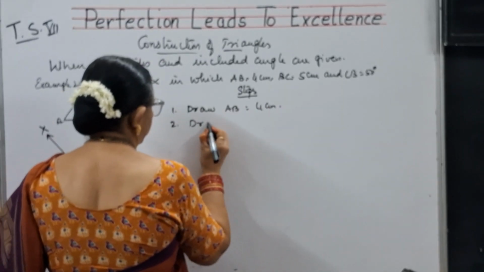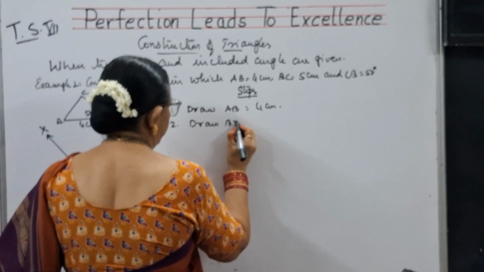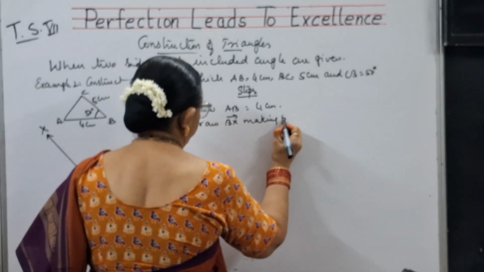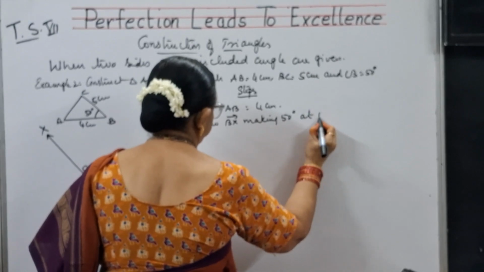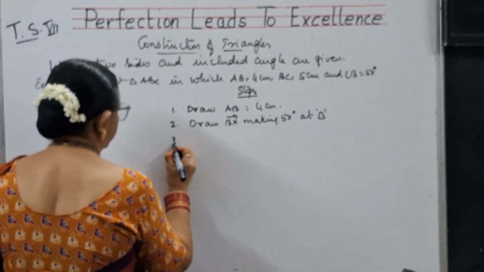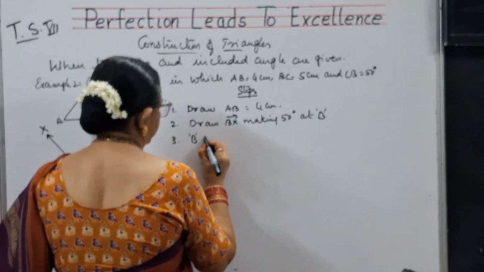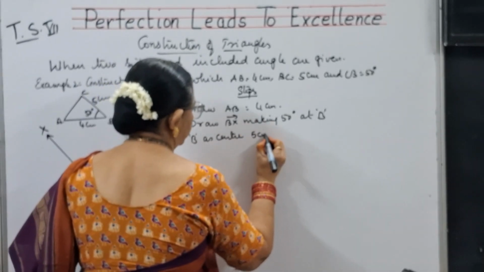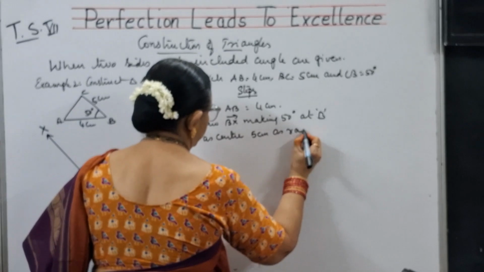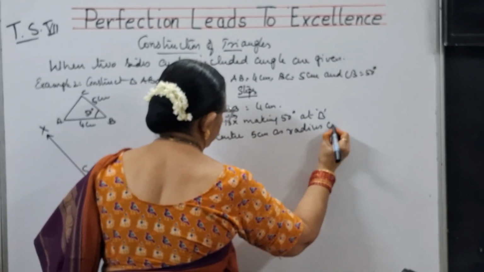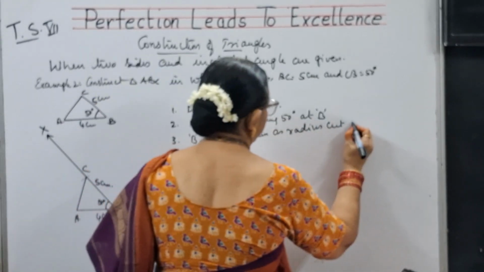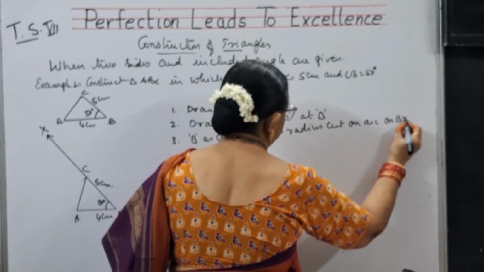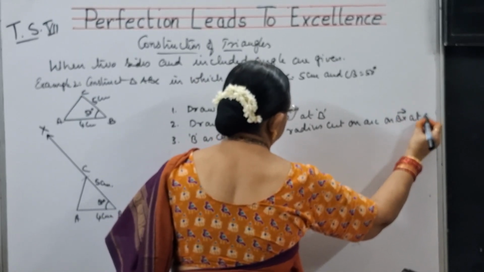Second point, draw BX ray making 50 degrees at B. Next, B as a center, 5 centimeters as radius, cut an arc on BX ray at C.